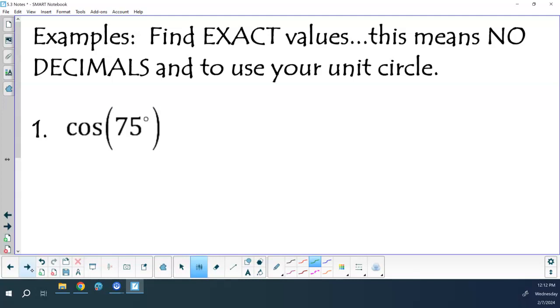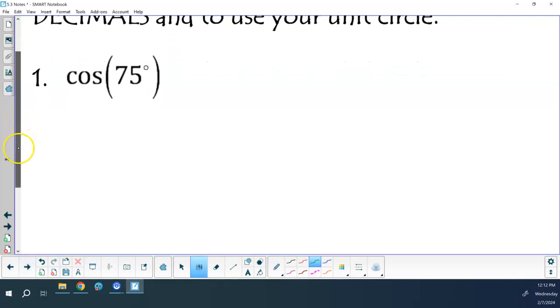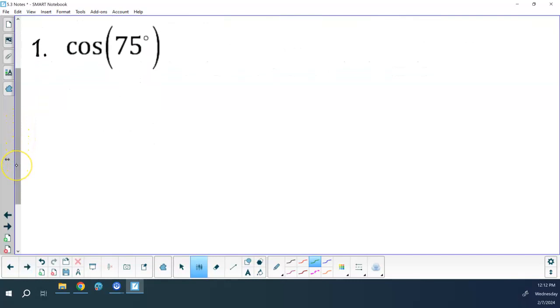The downfall is that 75 degrees is not on our unit circle. I need to be exact because in this unit we're all about exact. We're not about decimals whatsoever until we get to law of sines, law of cosines. Then maybe we'll be about decimals.